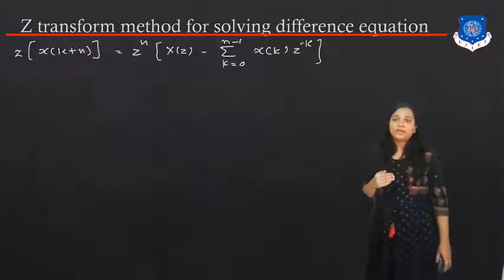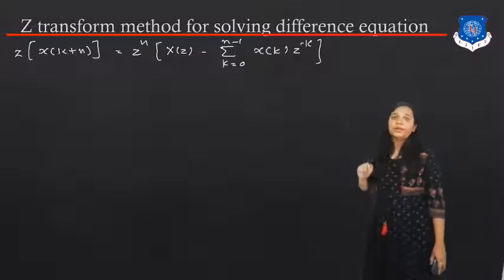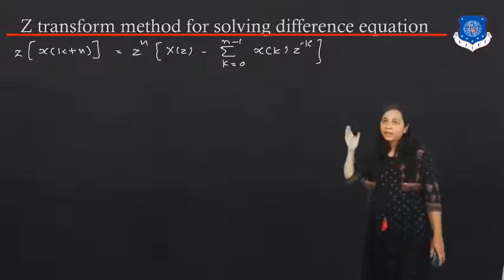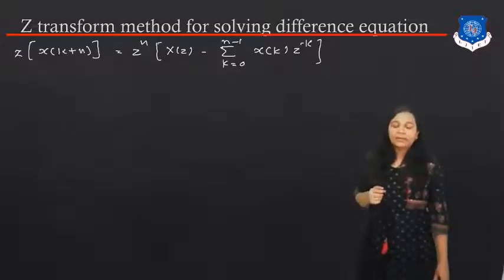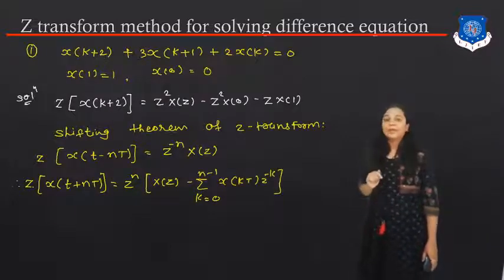We can also write this equation in this manner: Z of x(k+n) is equal to z raised to n, as it is, times X(z), as it is, minus the summation from k = 0 to n - 1, as it is, of x(kT).